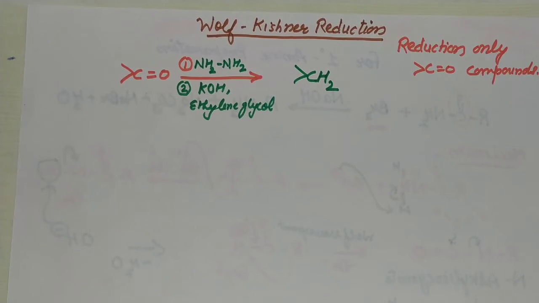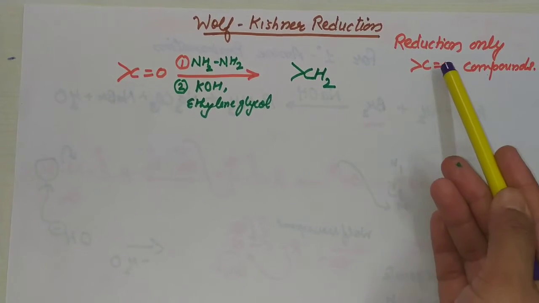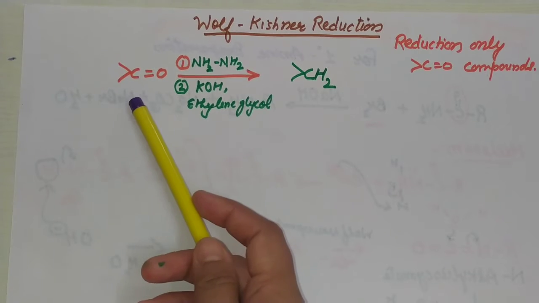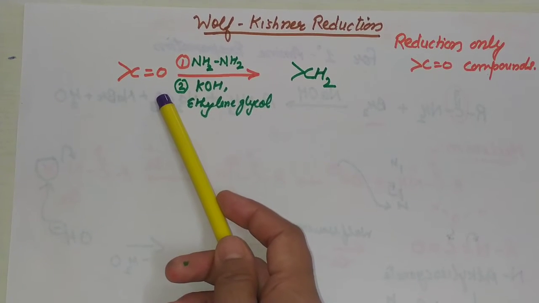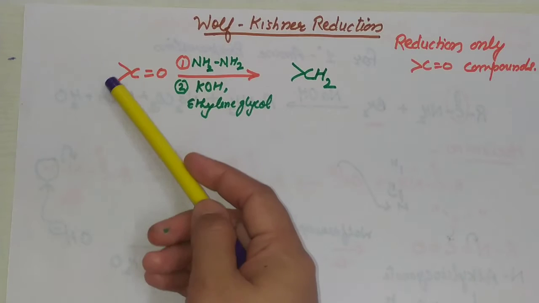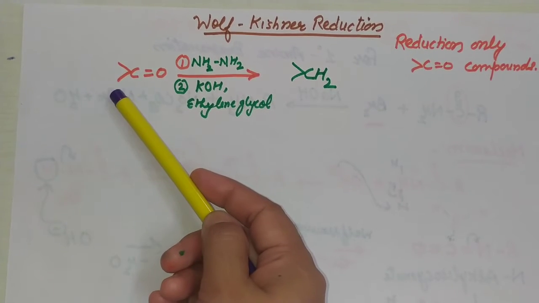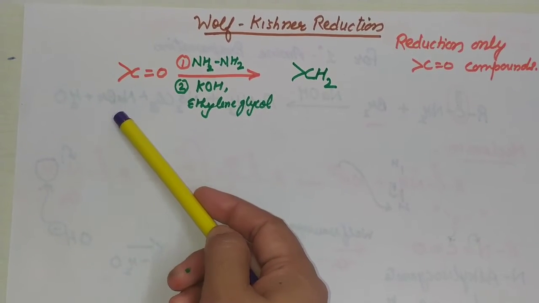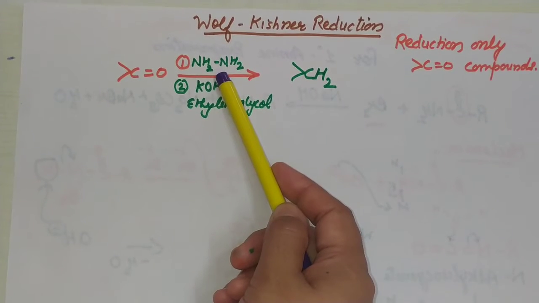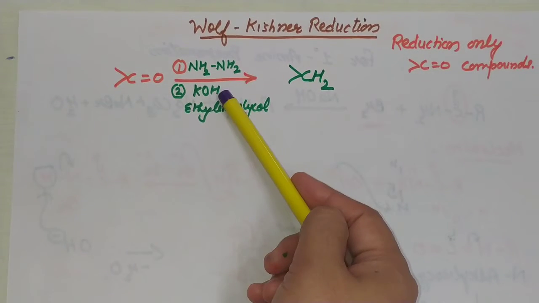And what is Wolff-Kishner reduction? In this reaction, there is reduction of only the carbonyl compound. Firstly, the aldehydic or ketonic group, which is the carbonyl group, reacts with hydrazine and KOH. From Kishner we remember KOH.